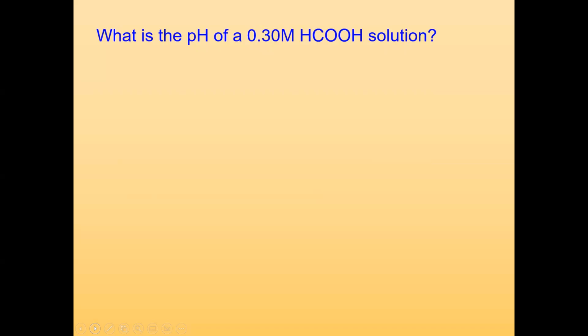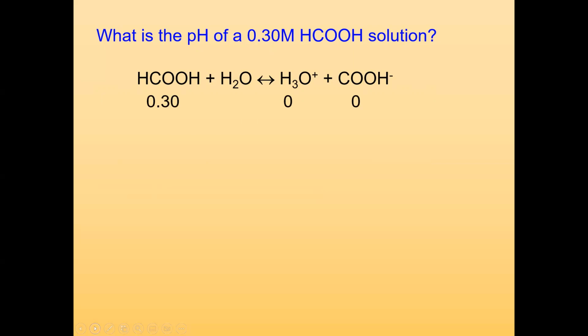If we wanted to find the pH of the 0.3 molar HCOOH solution, this is a weak acid. So remember, we have our overall equation of the acid in water produces the hydronium ions and that anion. We have 0.3 molar that we're starting with and none of the ions initially, which means we have to increase on our product side, decrease on our reactant side.